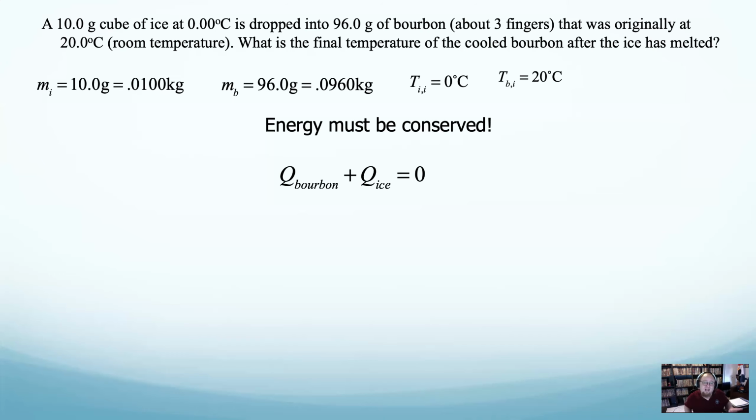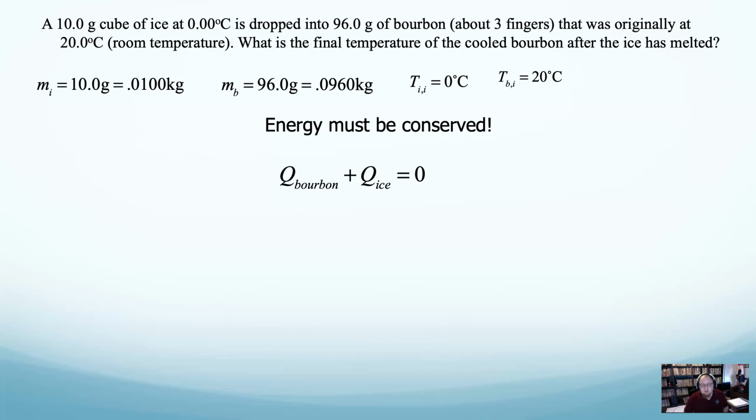But let's talk about what happens here. You see, I was nice and started this ice at 0 degrees. Ice out of your freezer is going to be a little colder. And what that means is that the ice isn't just going to heat up. It's going to need to melt and become water. Once it becomes water, you have a mixture of bourbon and water, where the bourbon is still going to be hot and the water is still going to be cold.